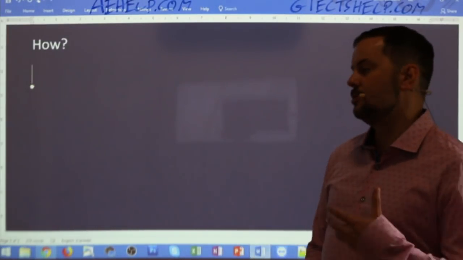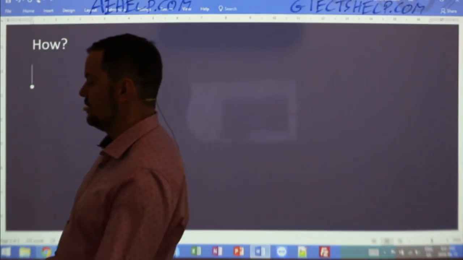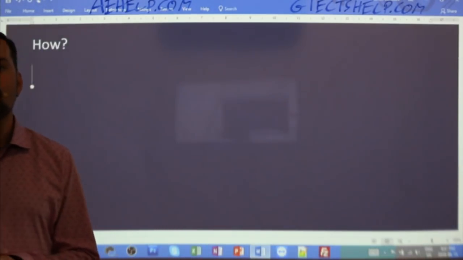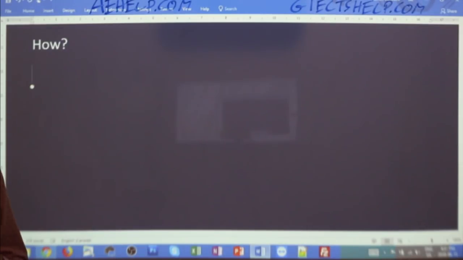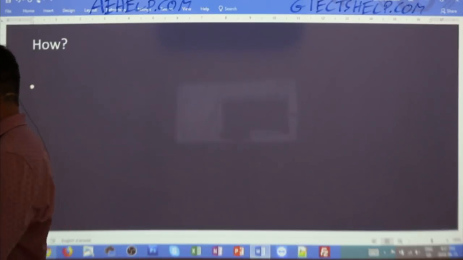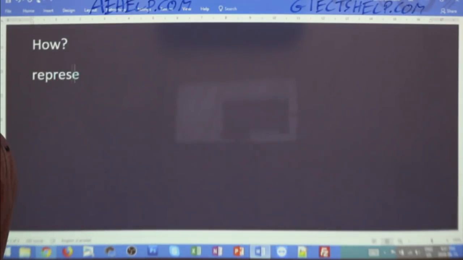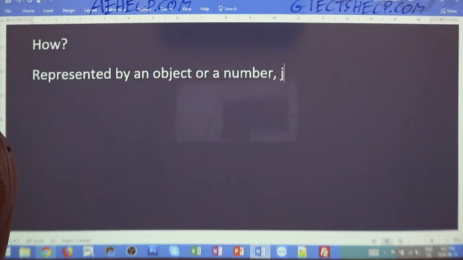It's made through jobs and it's made through services and products, sure. That's what it's used for, but it's made by a printing press, as Baljit is explaining. So money is represented by an object or a number such as a bill or a number in a bank account.